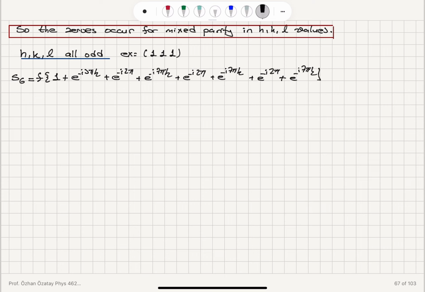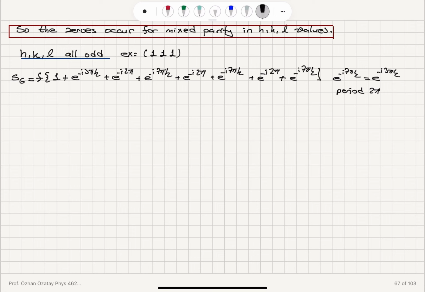I note that e to the minus i 7 pi over 2 is the same as e to the minus i 3 pi over 2, because we have a period of 2 pi in sines and cosines. If you add 2 pi to 3 pi over 2, you get 7 pi over 2.